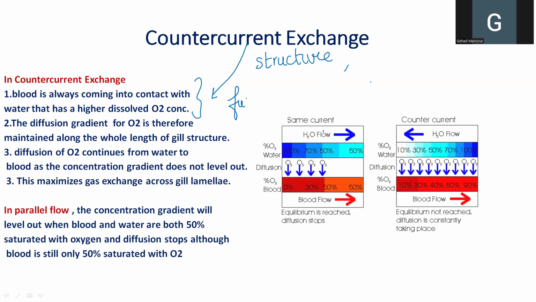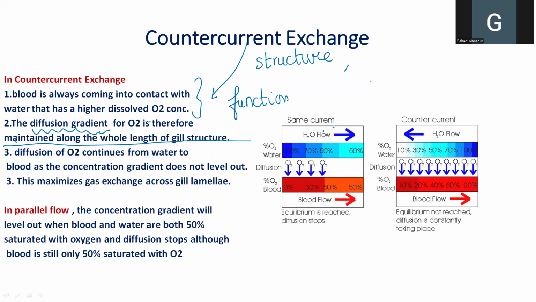What is the function? It is that blood always comes in contact with water that has a higher level of dissolved oxygen, and therefore there will always be a diffusion gradient for oxygen. The importance of that structure is that this diffusion gradient is maintained along the whole length of the gill structure.